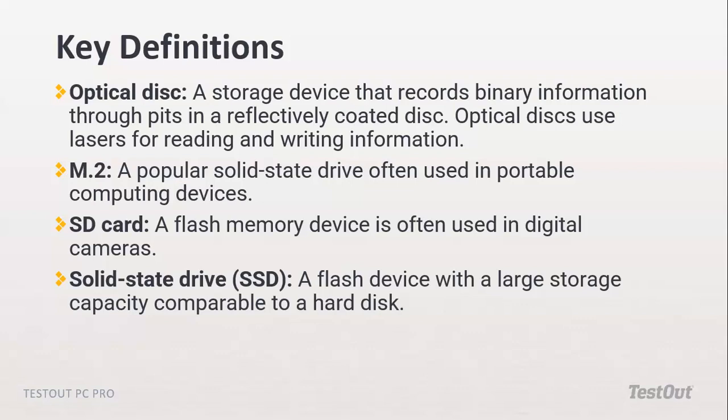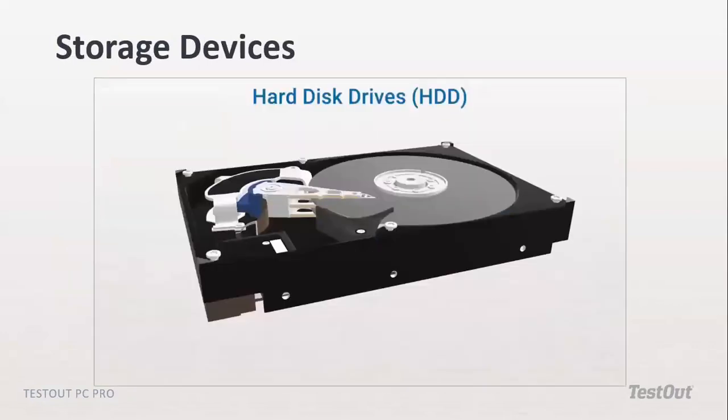We can look within the upcoming sessions at the differences that exist between solid-state drives and hard disk drives. So there's a task for you guys to do, which is to look at the differences between SSD and HDD.